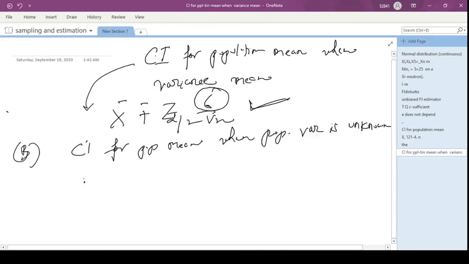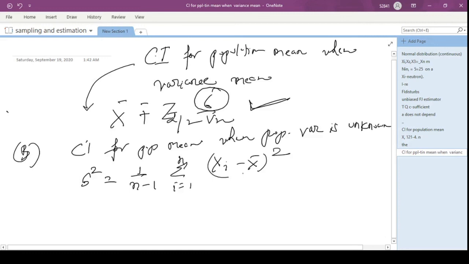So in that case, when we do not have a population variance with us, we have a sample variance. Obviously we can find the sample variance, and this is what we have seen many times: s squared is the sum for i equal to 1 to n of xi minus x bar whole square, divided by n minus 1.